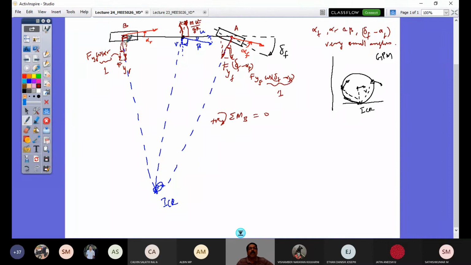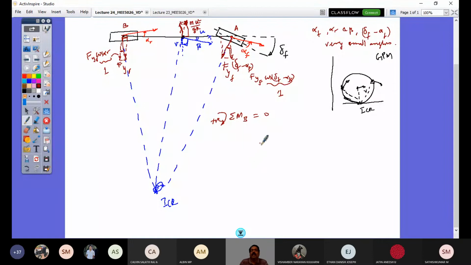The other component is Fy R sine alpha R here. Here it is W U squared by g R sine beta, and here it is Fy F sine of angle delta F minus alpha F. That sine force component is all along the forward direction of the frame, but I now take only the moment equation.